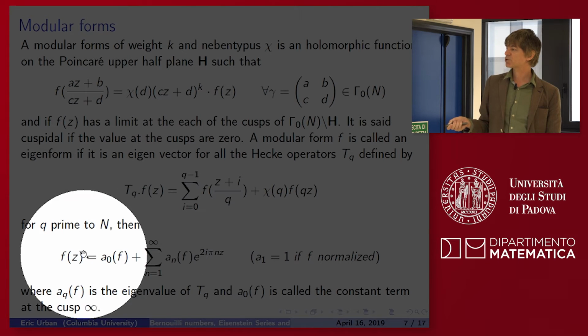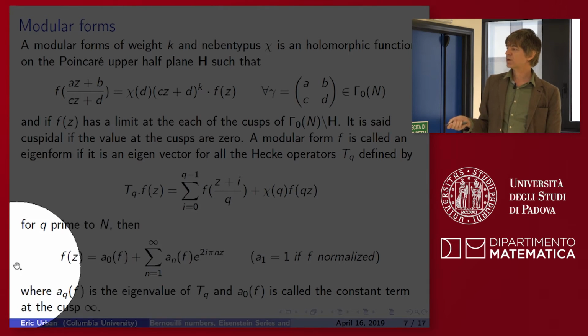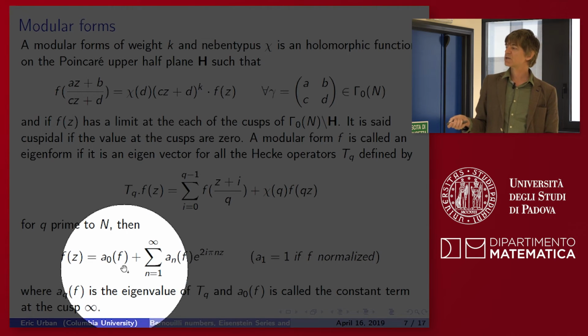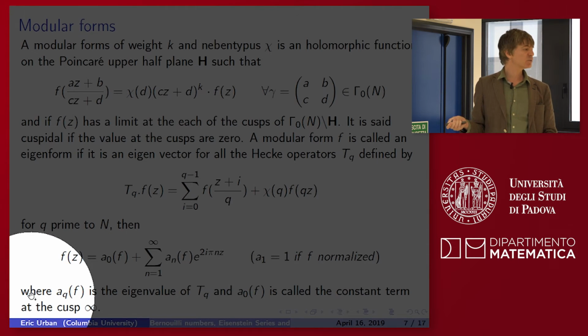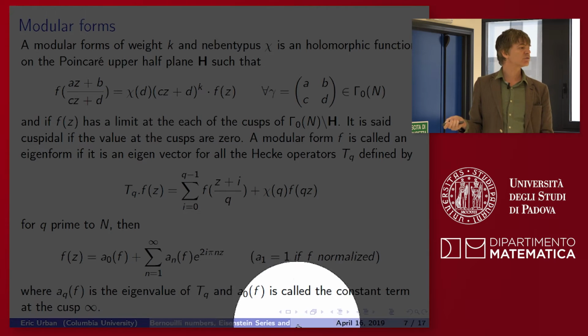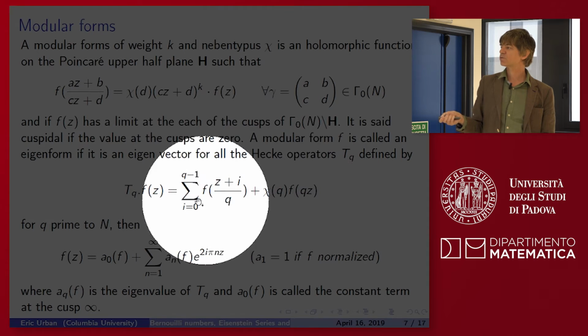So you have an expansion like this. If f is normalized so that a_1 equals 1, then you can check that all the other coefficients are algebraic integers. And moreover, a_q(f) here is the eigenvalue of T_q. This is not very difficult to see from this formula.